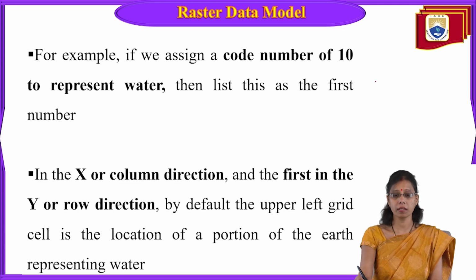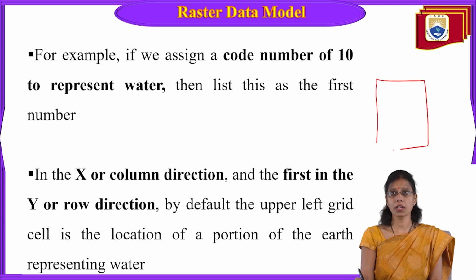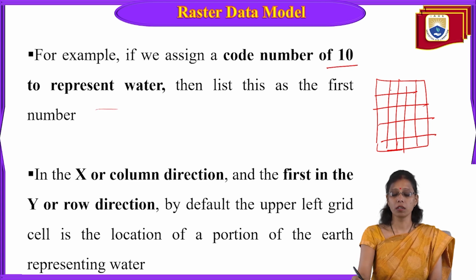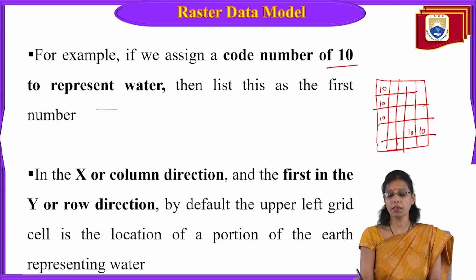For example, let us say we have a map here with different grid cells. This is a grid cell. Here 10 is given for water, so wherever 10 is available, that means it represents water.